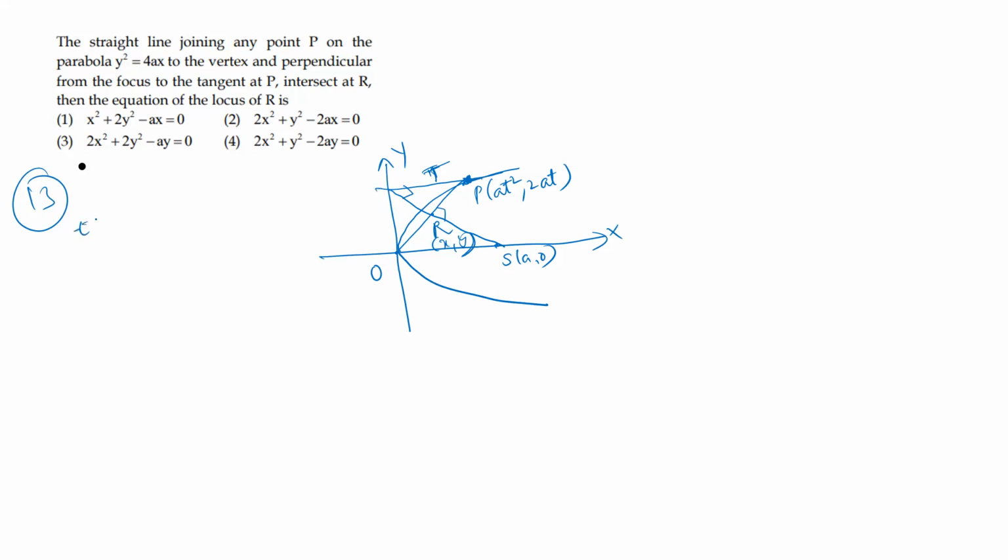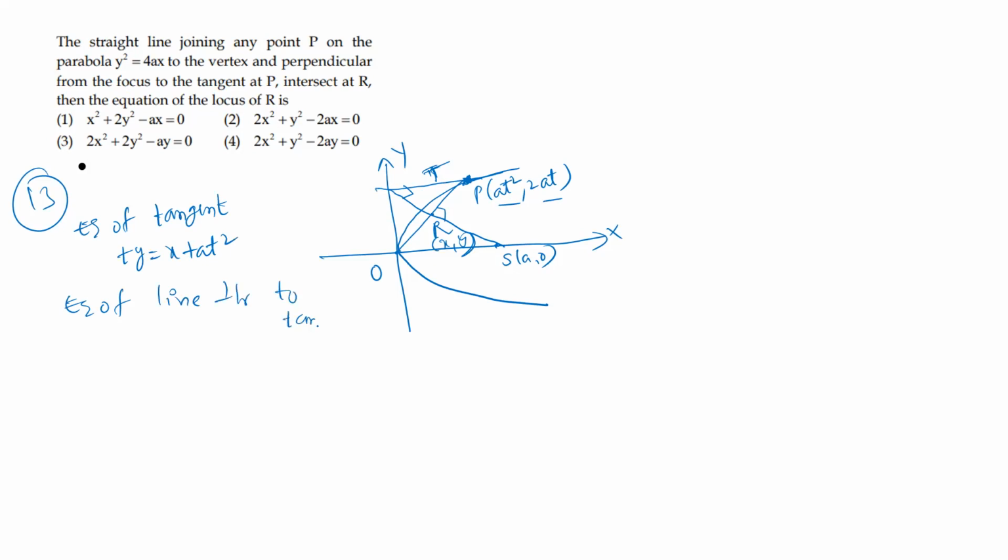First, what is the equation of the tangent in parametric form? The point we already know, at square comma 2at. The slope we will find directly, also we have the formula: ty is equal to x plus at square. Now we need to find the equation of the line perpendicular to this tangent.